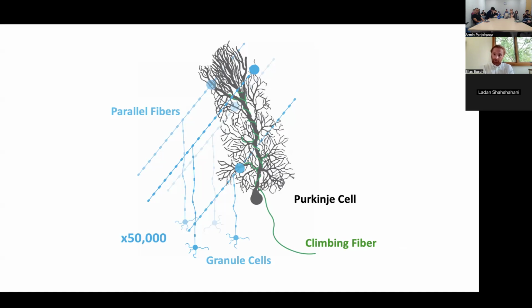So it's large, but it's flat, and the parallel fibers project orthogonal to that. And so you can imagine that changes in the width or the height of a Purkinje cell might alter how many or how diverse in representation their parallel fiber inputs are. So that's one possibility that we thought about. Another intriguing possibility is that the morphology might influence the way that the climbing fiber arranges itself on the dendrites.